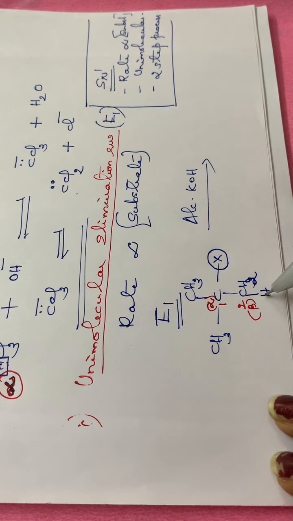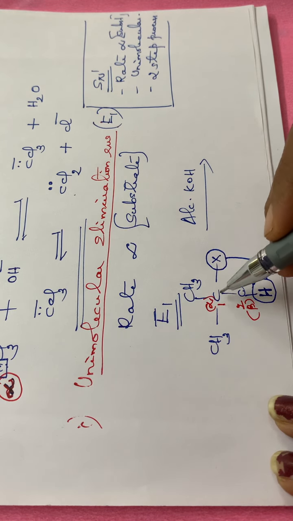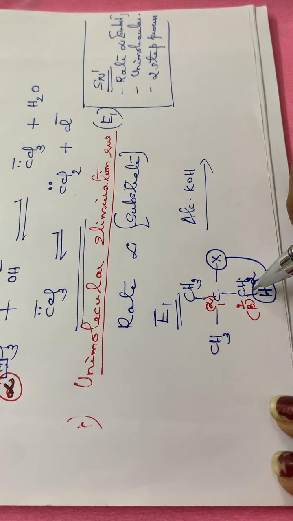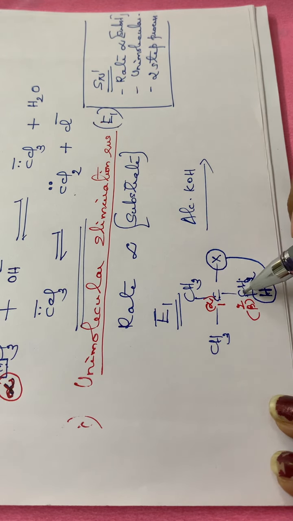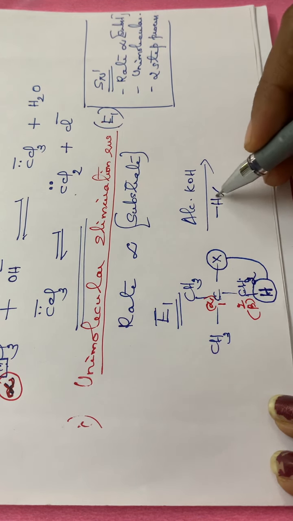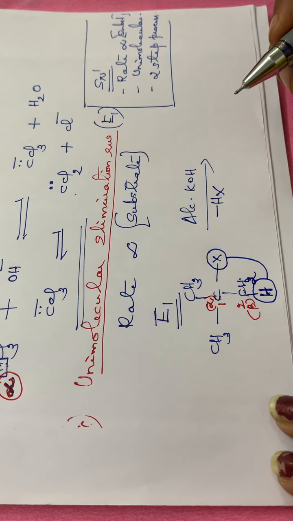I am splitting this CH3 as CH2H so that you will be clear about the elimination. So one HX will be eliminated, and the elimination is beta elimination or 1-2 elimination: the halogen from the first carbon atom and hydrogen from the second carbon atom. Elimination of HX, hydrogen halide, HCl or HBr, whatever it might be.